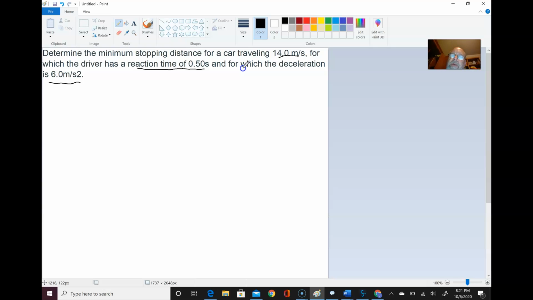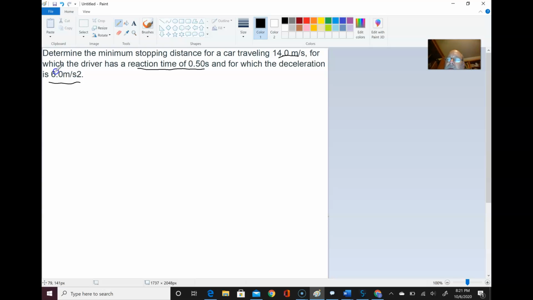Or I could just use 0 for both initial positions and then add the two motions together. Either way, I'm going to end up adding two distances together: the distance that the car traveled at 14 meters per second during the reaction time and the distance it traveled during the deceleration time.